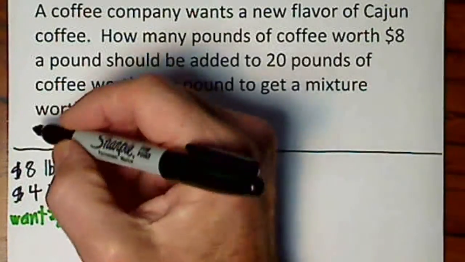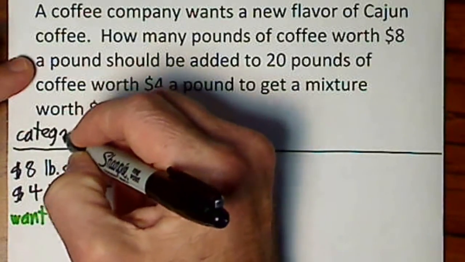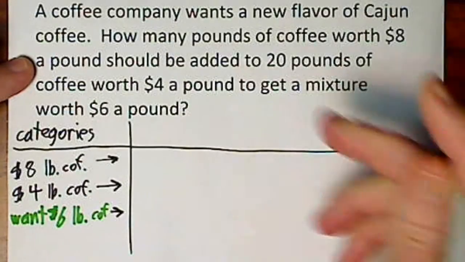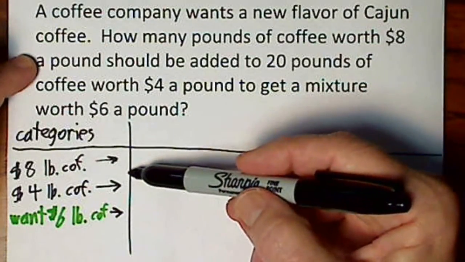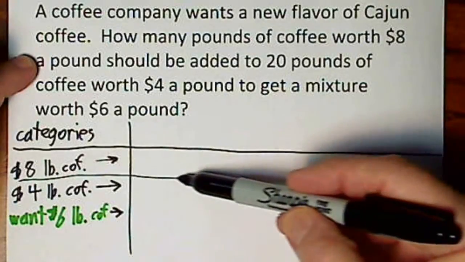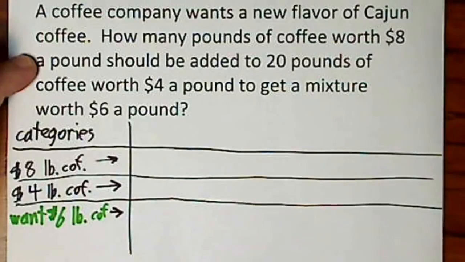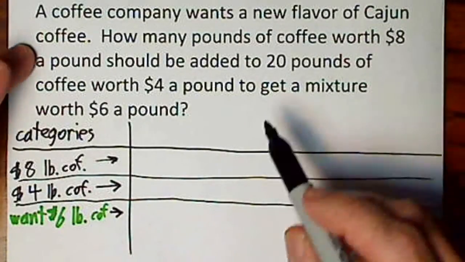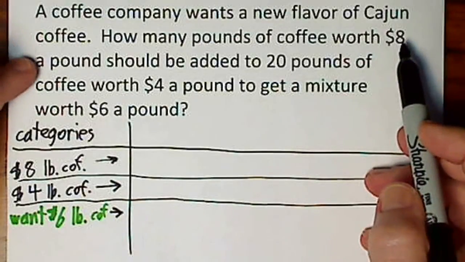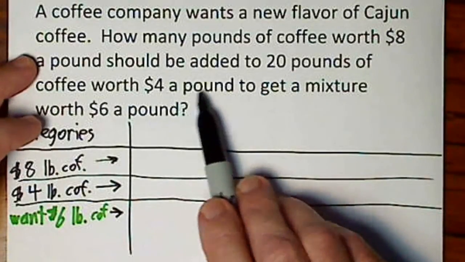So we're going to have a chart. These are the categories. And then see what they tell us about these. So let me see. We're going to add $4 a pound.